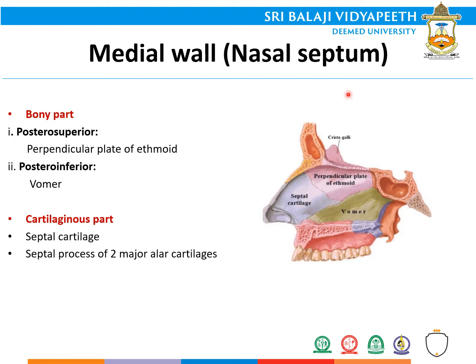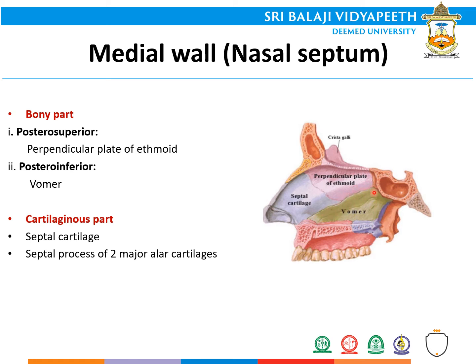Now next comes the medial wall of the nose. This medial wall of the nose is also called the nasal septum. It has a bony part and it has a cartilaginous part as well. The bony part is made up of the perpendicular plate of the ethmoid. So this postero-superior part is what is called the perpendicular plate of the ethmoid, and postero-inferiorly it is made up of the vomer.